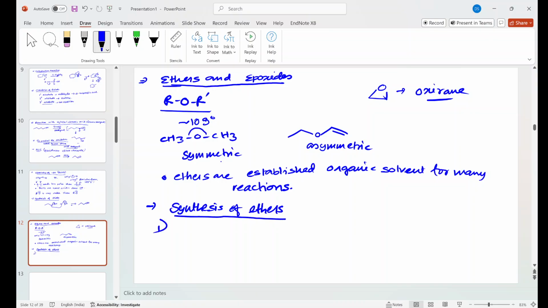First reaction is called Williamson ether synthesis. Maybe probably all of us have had this reaction, and let us see.